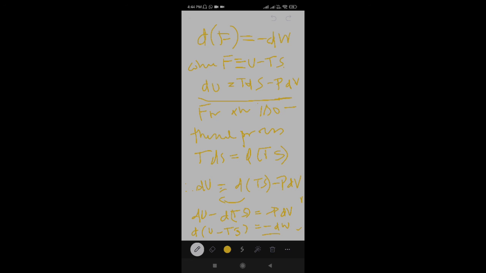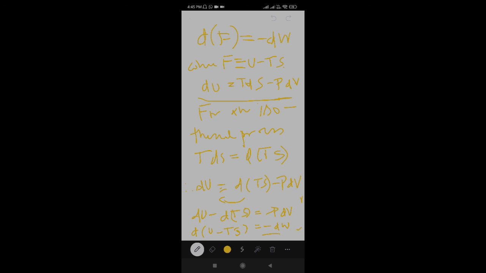Because in the place of U minus TS, I am writing some other function F. Such a function is called a thermodynamic potential called free energy.